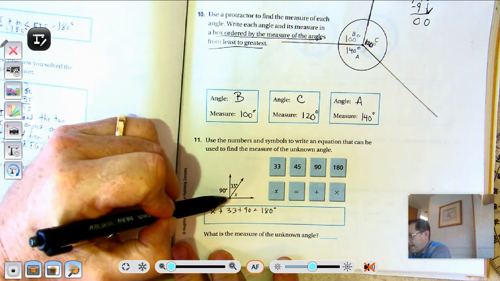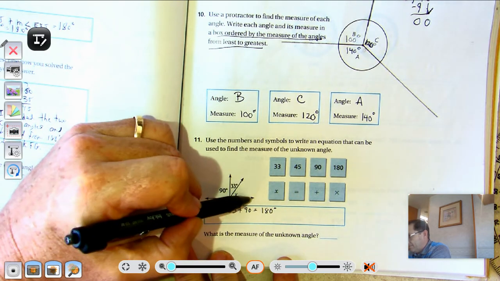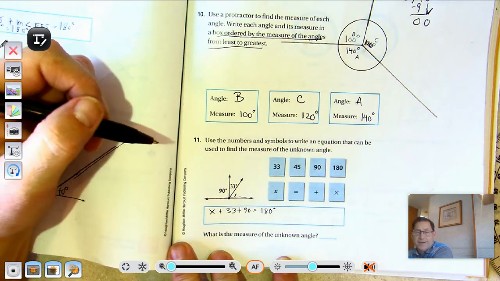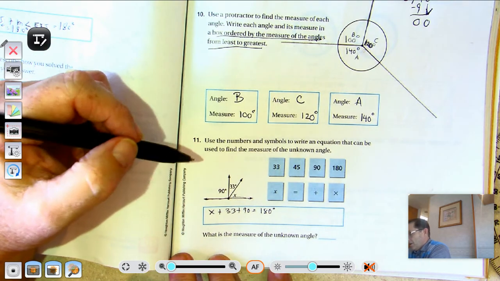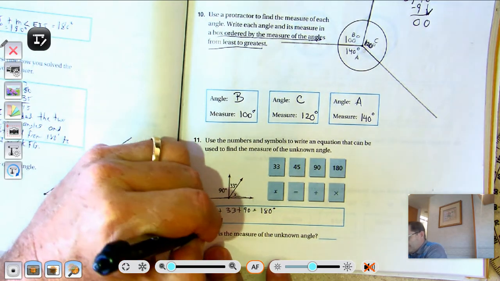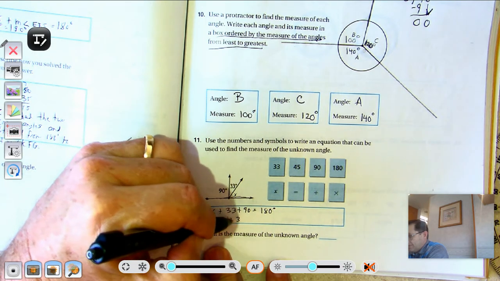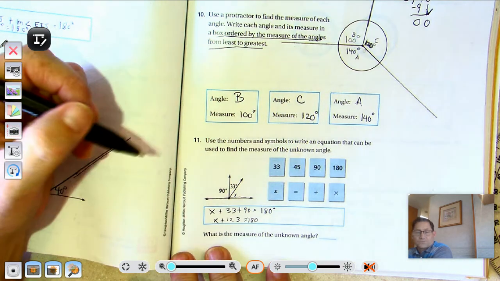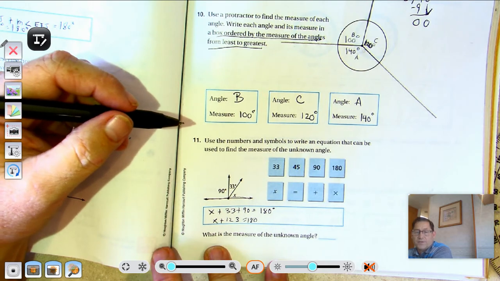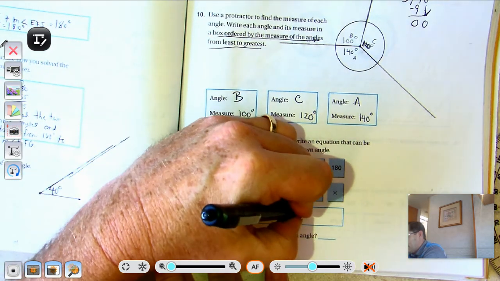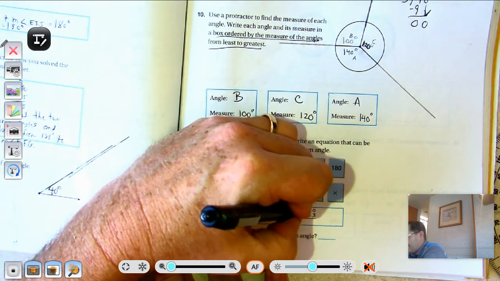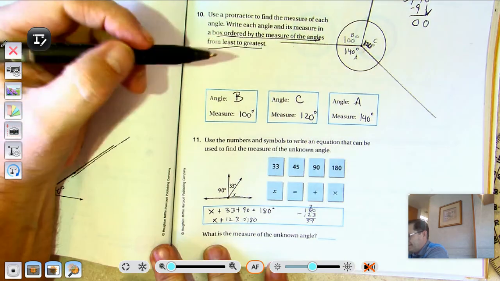Okay, these three angles added together form that straight angle. So let's do some math here. 3 plus 0 is 3. 3 and 9/10 is 12/10. So we have x plus 123 equals 180. Subtract 123 from 180, we get 57.